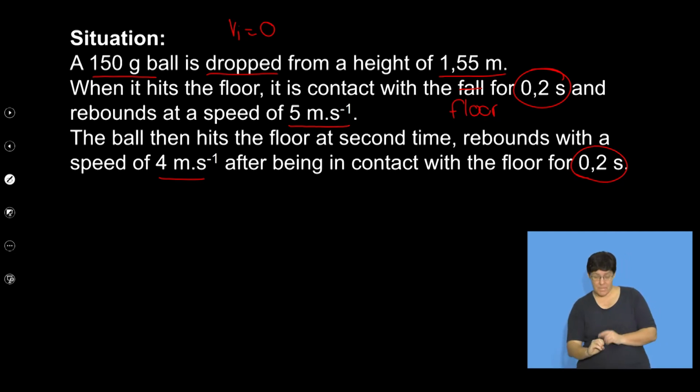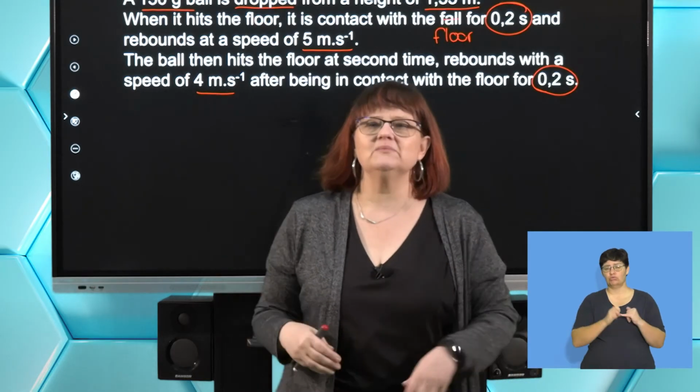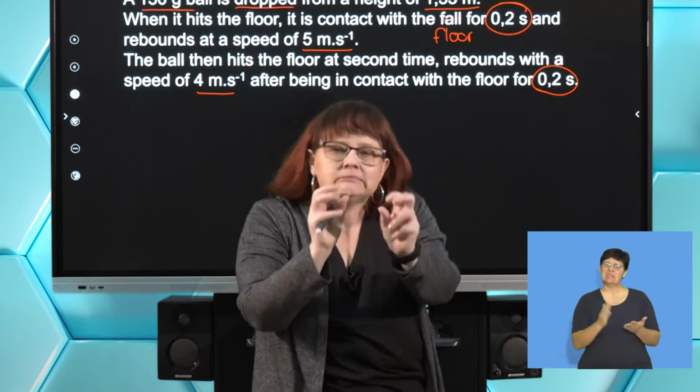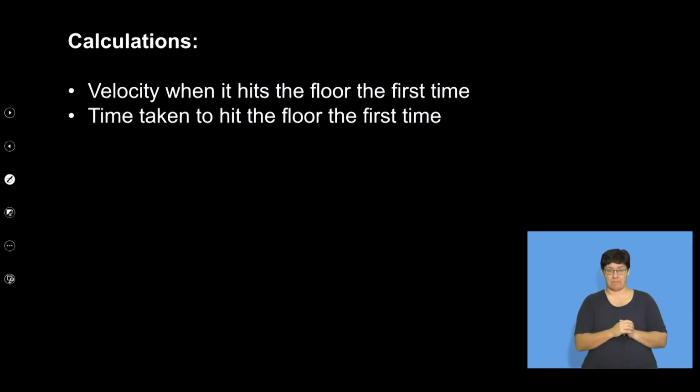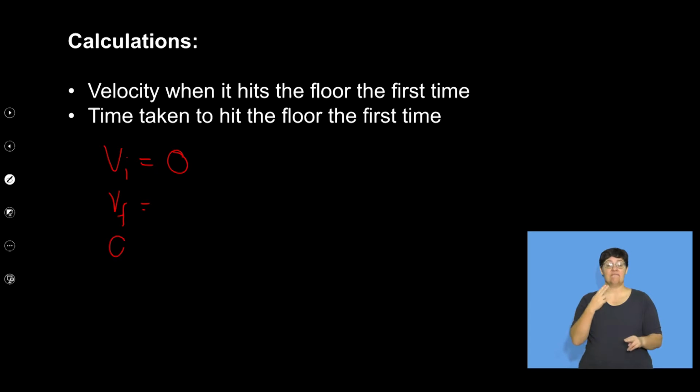Now this may not be complete. I've tried to make these values as accurate as possible, but there may be some little errors. It's all right. So what we need to do is I need to know the velocity when it hits the floor for the first time. So I want to draw some graphs. I know my initial velocity was 0. I want to know what its final velocity is.